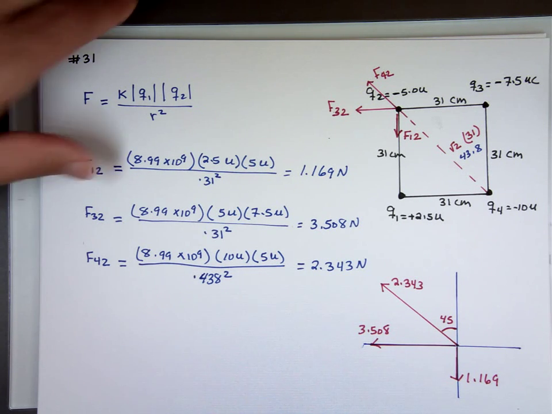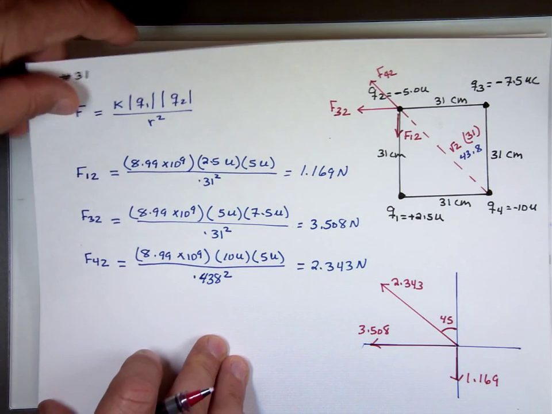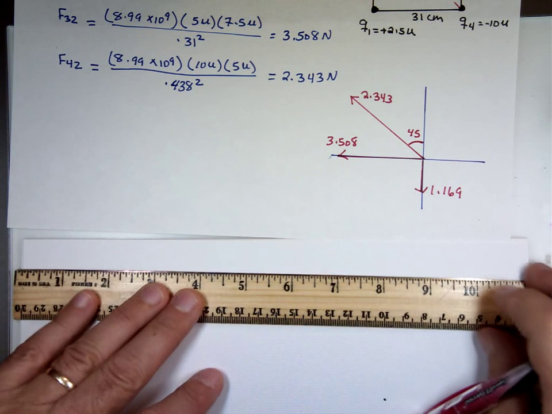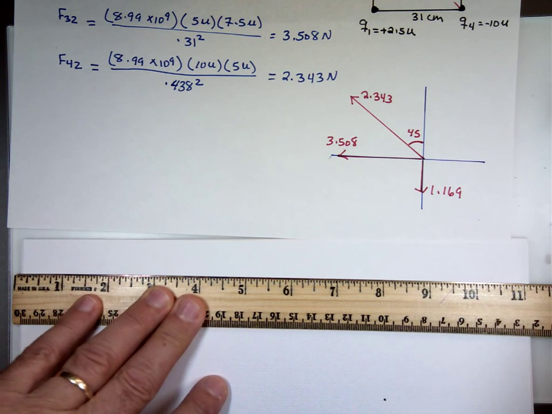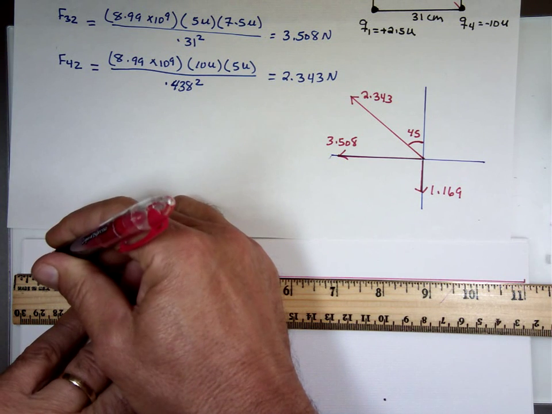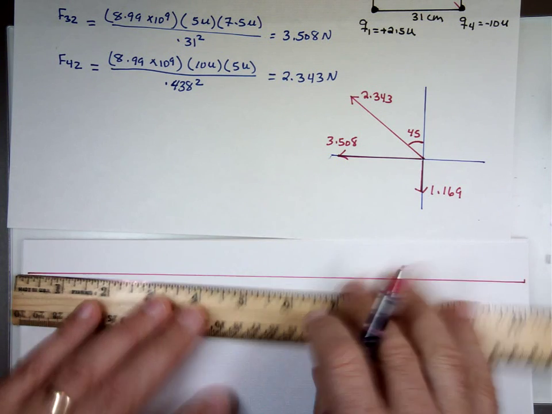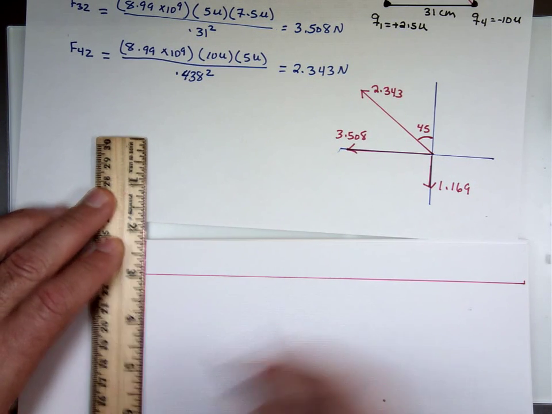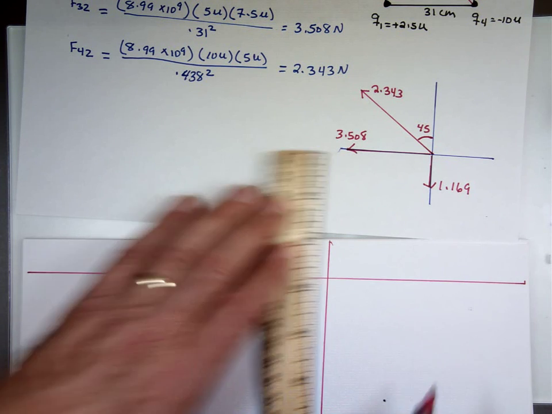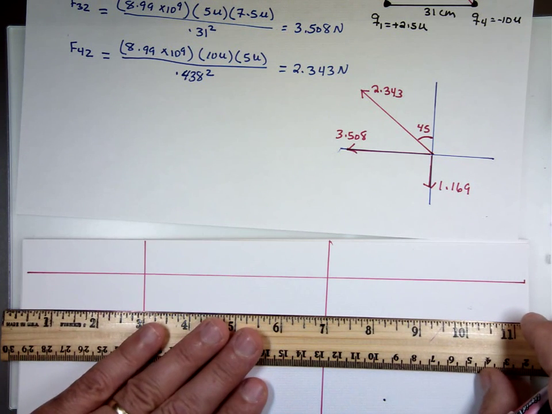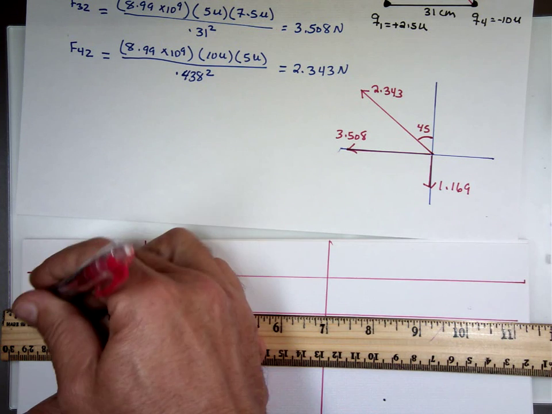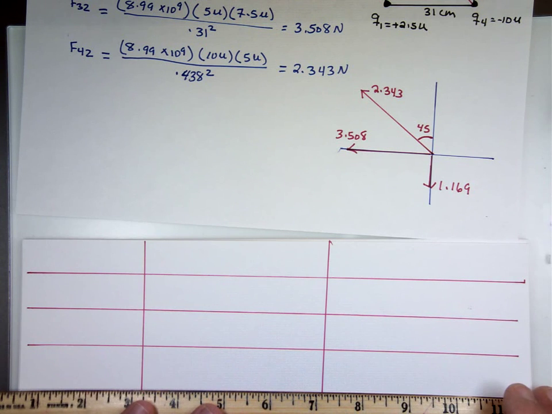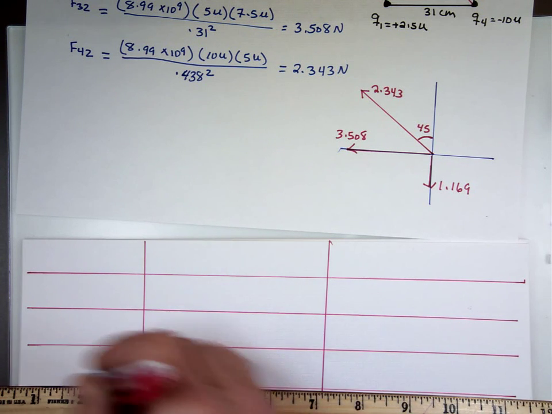If you remember vector addition, you have to write the vectors and find the x and y component. Vector, I'm going to do the x and y component for each one. So I'm going to add the 3 vectors and find the result.